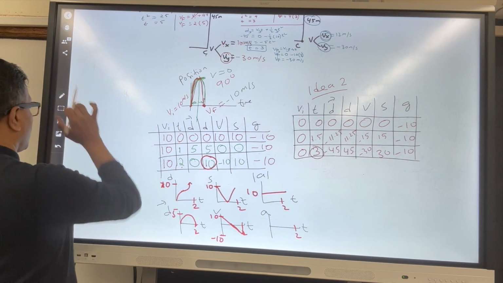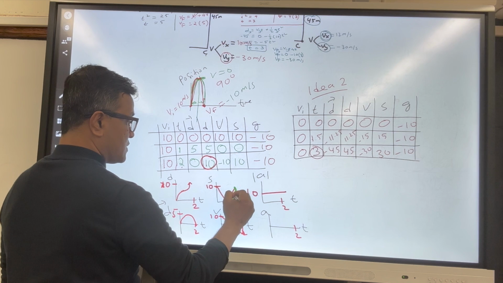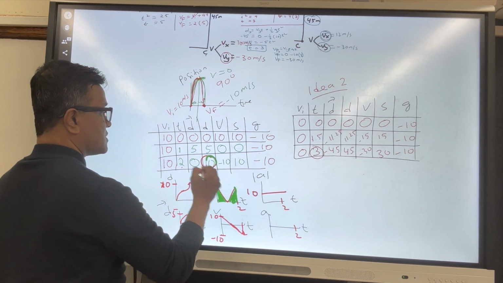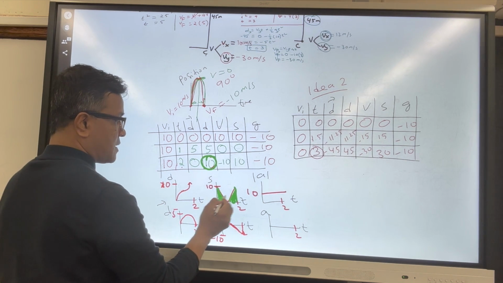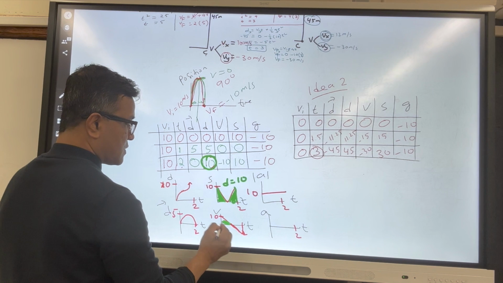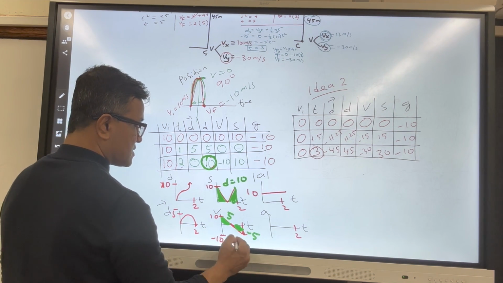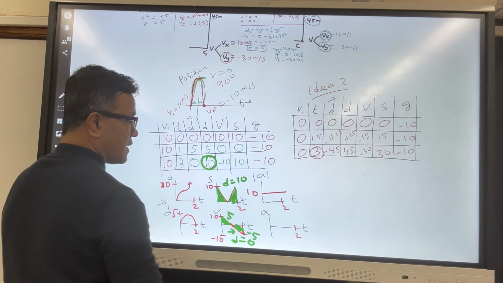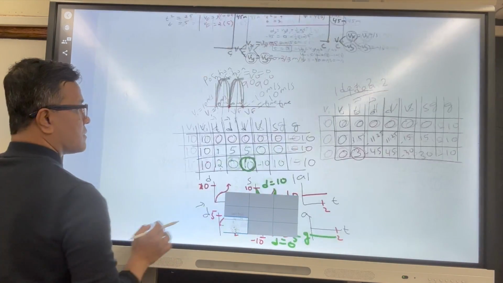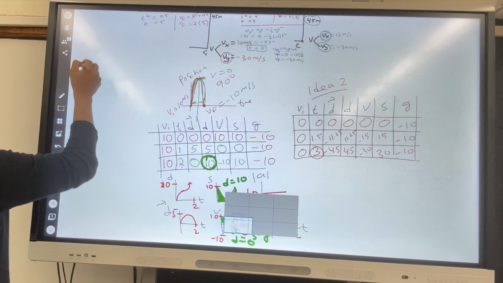If you find the area under the curve, which you have to, this one plus this one is gonna give you 10, right? This one is 5, this one is 5, altogether 10. This one is 5, this one is -5, so the displacement is 0. Acceleration is g, -10.